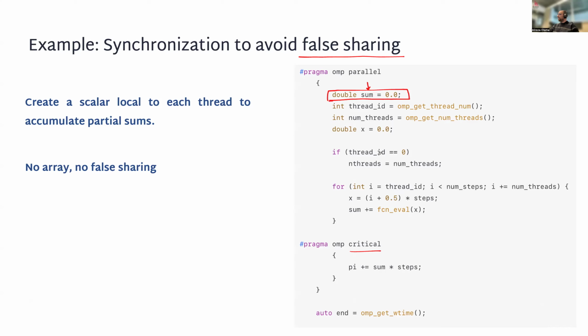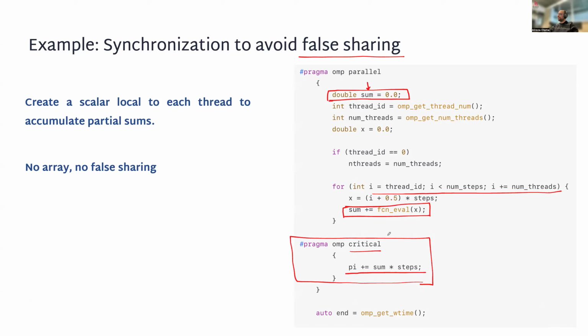And then in each thread, we do exactly what we did before, but we just accumulate to the sum, similar to what we had in the serial program. And then when we want to compute pi, we just protect it using this critical directive in OpenMP, right?